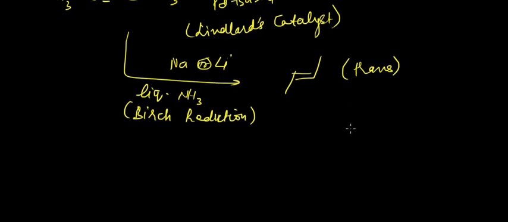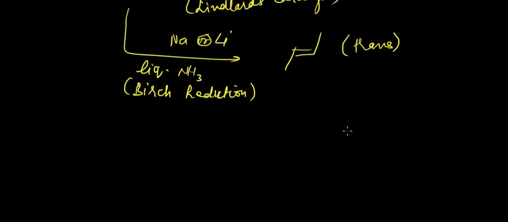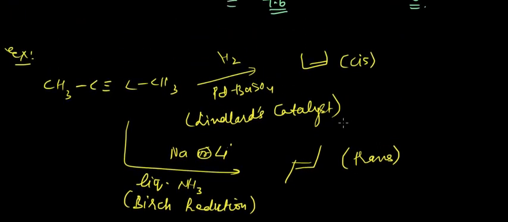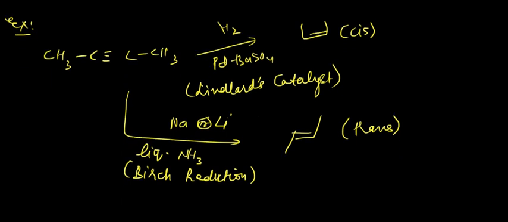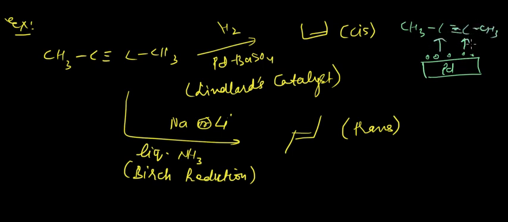This is just an example to summarize and to remember how the two products are formed. In the case of H2/Pd/BaSO4, the mechanism is simple. On the surface of Pd, we have hydrogen molecules which directly attack the alkyne. Two hydrogen atoms are added by syn addition, from the same side.